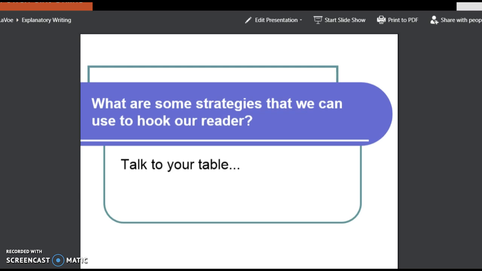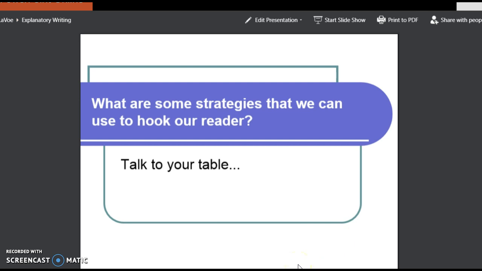What are some strategies we've used this year to hook our reader? Okay, again, you can start wrapping up those conversations.